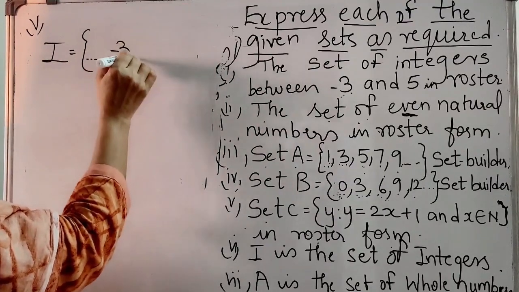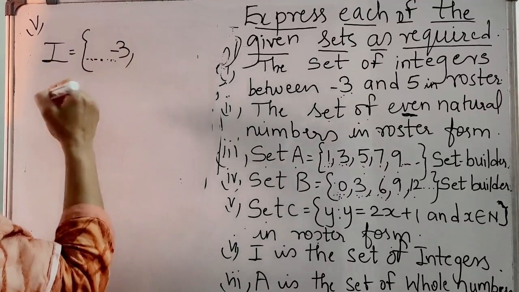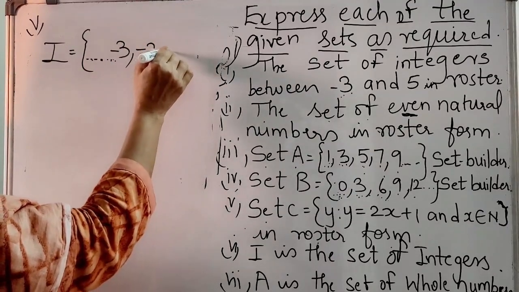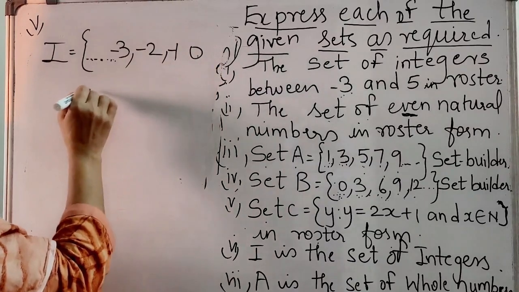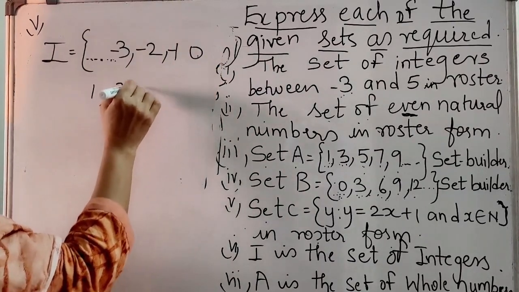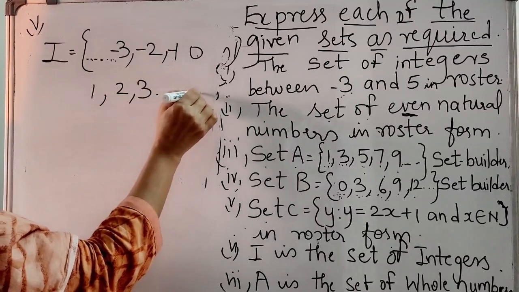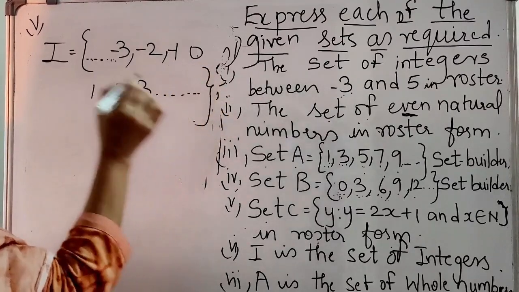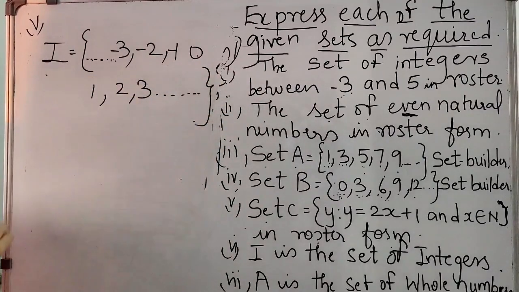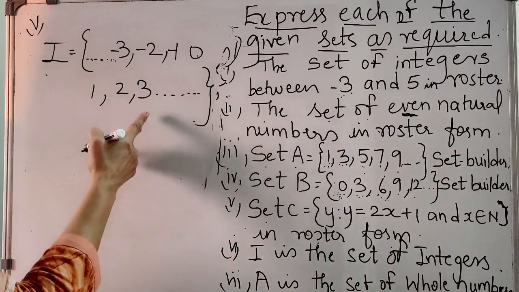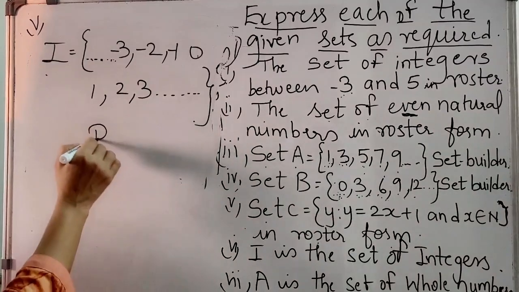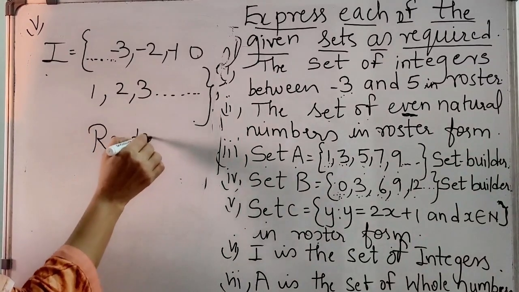Let us start with dot dot dot, comma, minus 2, minus 1, 0, 1, 2, 3, dot dot dot, close the bracket. So these are the integers. Now this is in the form of roster method.